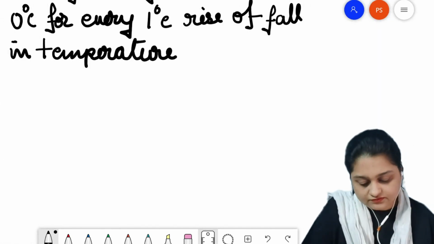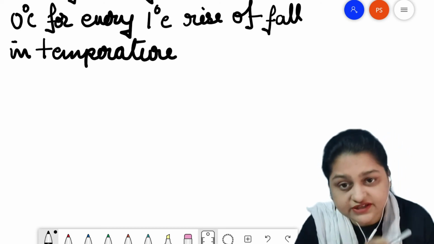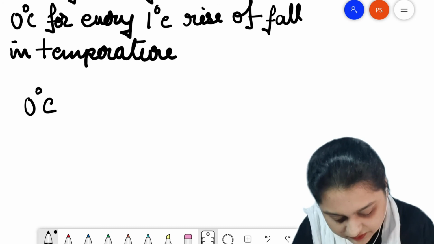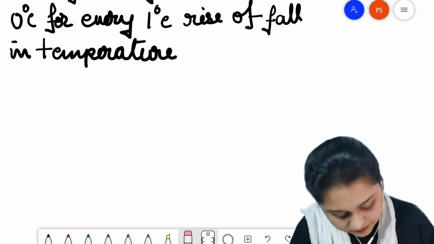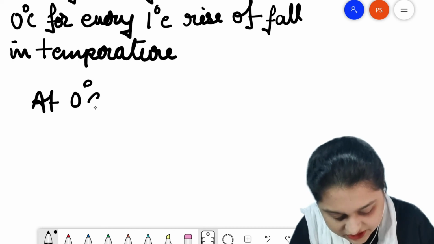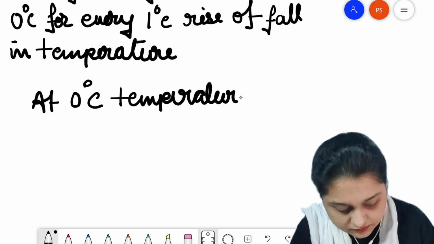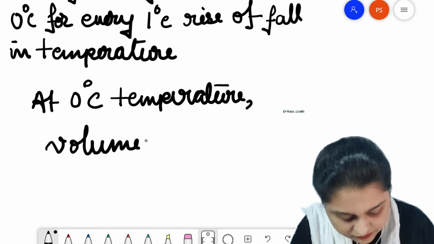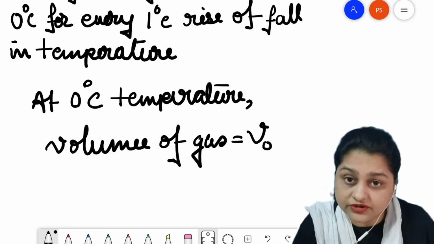supposedly a certain amount of gas is taken, and the volume of that certain amount of gas at 0 degree Celsius temperature, let's assume, is V naught.